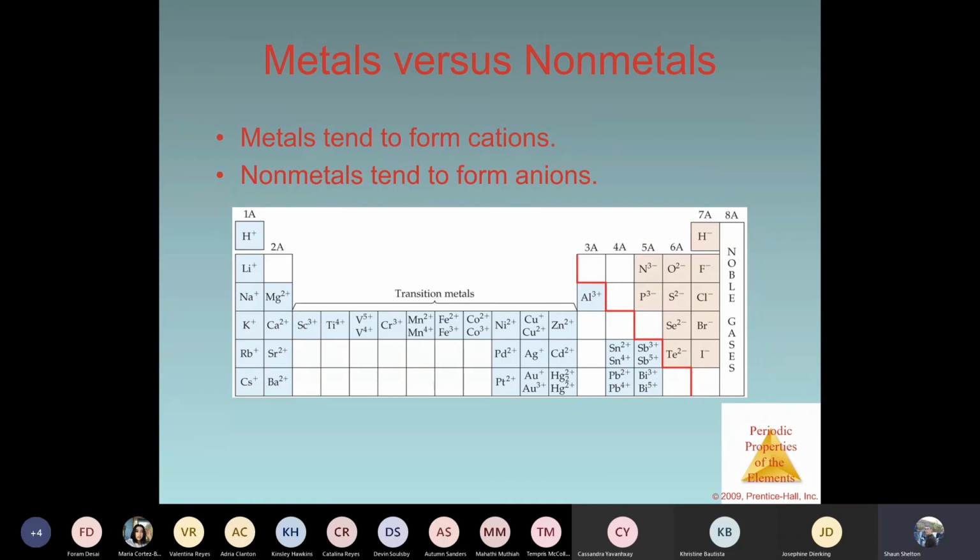So you see the chart here that talks about metals and the different charges that the metals can adopt, and they all are positive, so they're cations. Non-metals will form anions, which are negatively charged. The noble gases don't form charges.